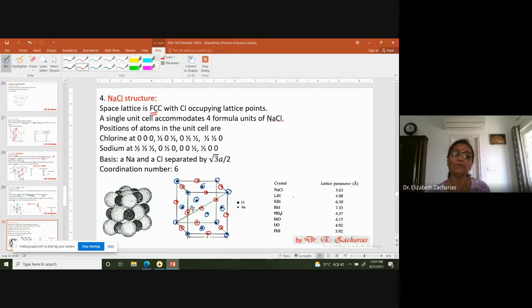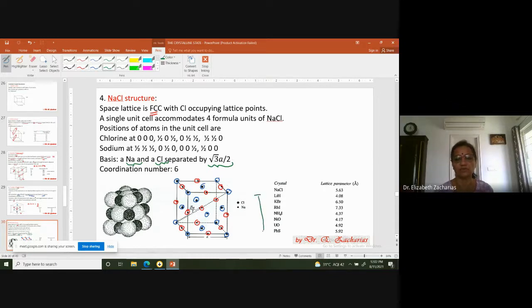Then what would be the basis in this case? Which pair of sodium and chlorine should you take together and call it a basis, and then call this structure an FCC structure? You have to put together a sodium and a chlorine separated by root 3A by 2. What is A?